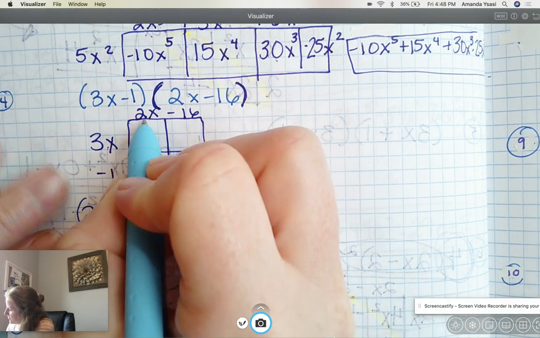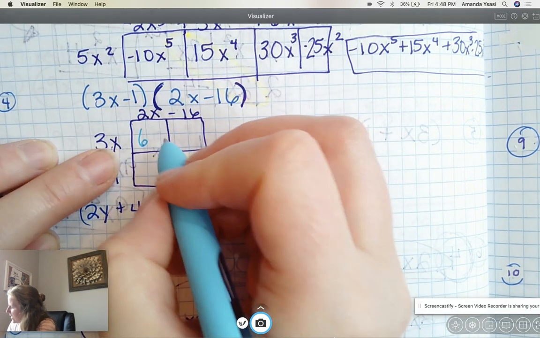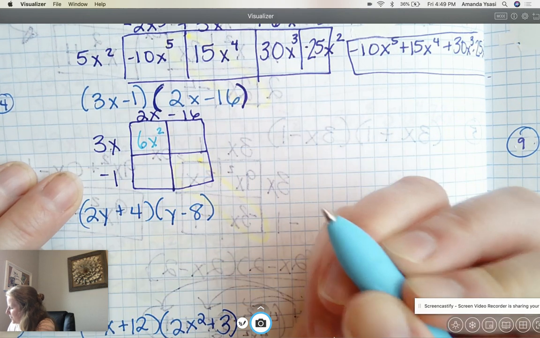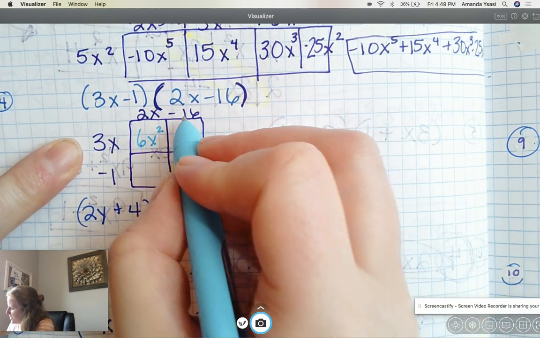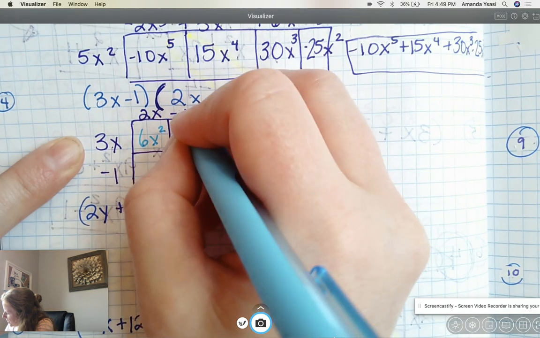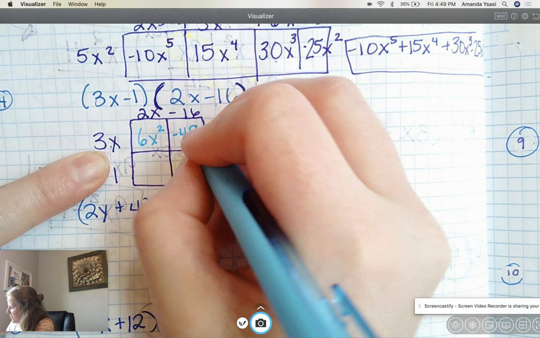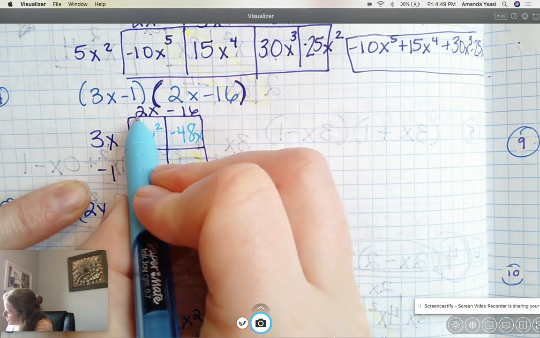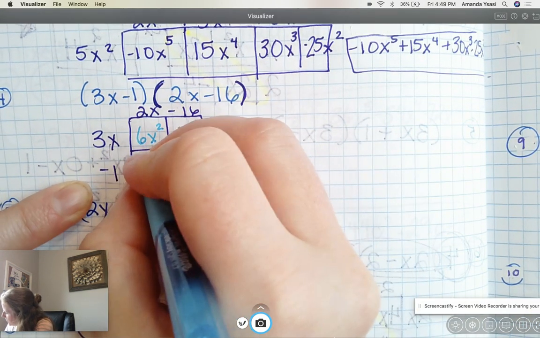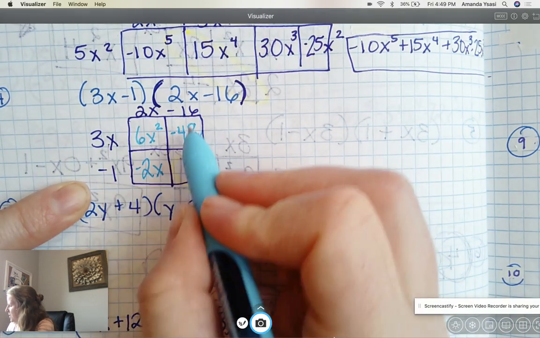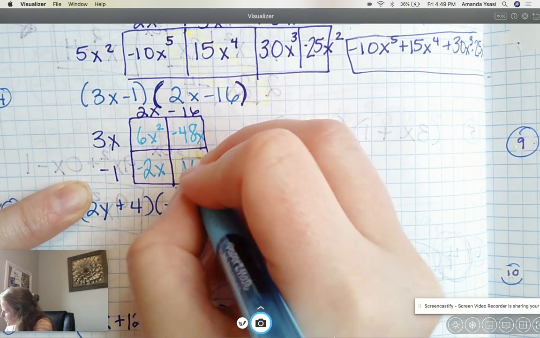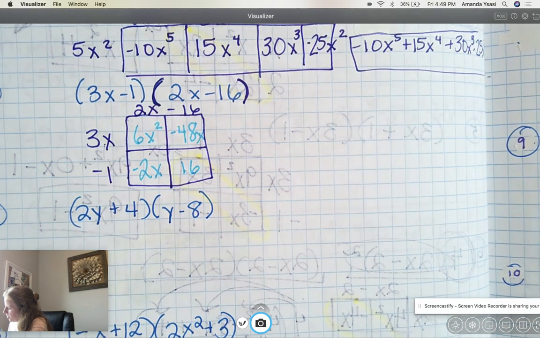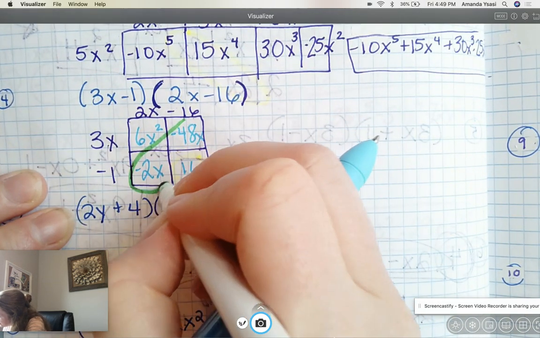Okay, 3 times 2 is 6, and then x times x is x squared. 3 times a negative 16 is a negative 48, and then we just have one x. So negative 48x. Negative 1 times a positive 2x is negative 2x. Negative 1 times negative 16 is positive 16. And what I talked to y'all about in the last notes was this.